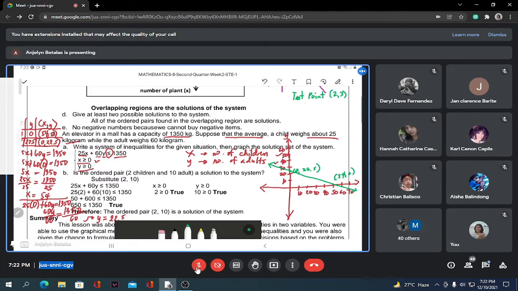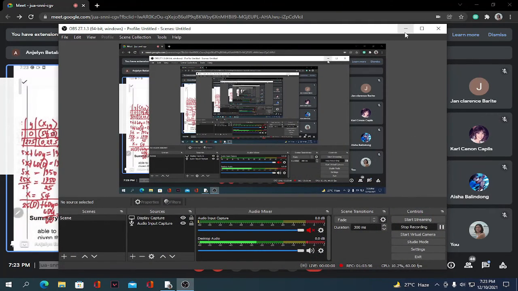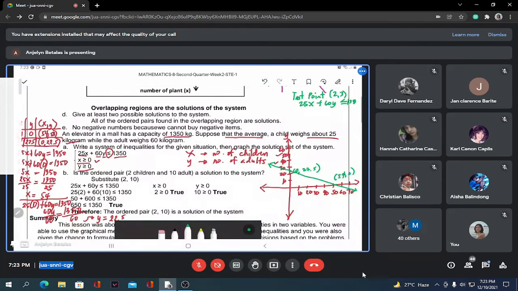From the given, 25x plus 60y is less than or equal to 1,350.